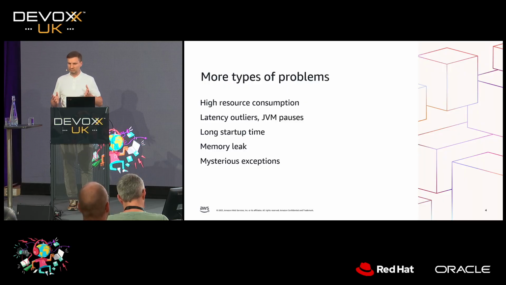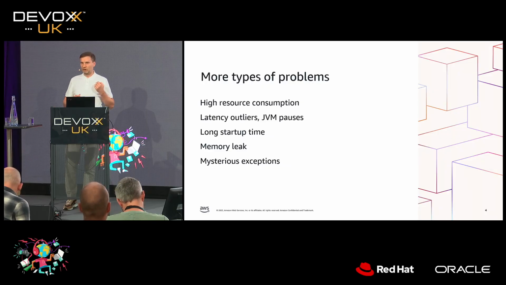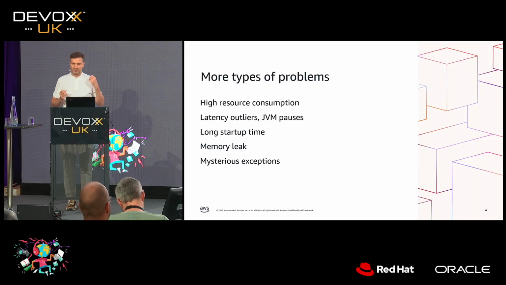At Amazon, during JVM consultations, we hear customers asking a lot more questions. Developers are worried about latency of their requests, which are often caused by long JVM pauses. Application startup time is another common type of problem.